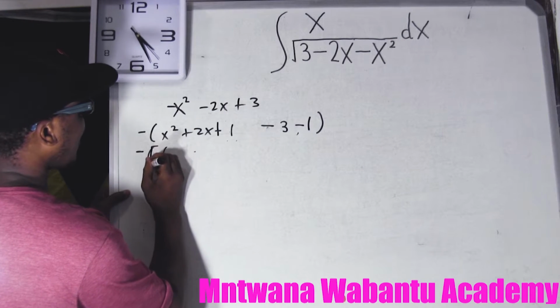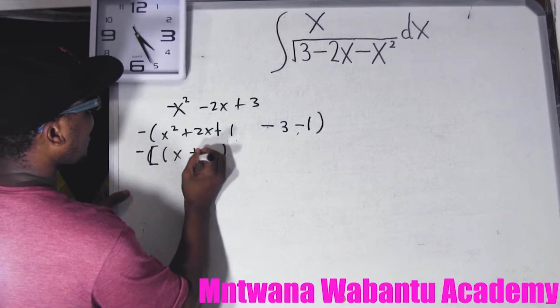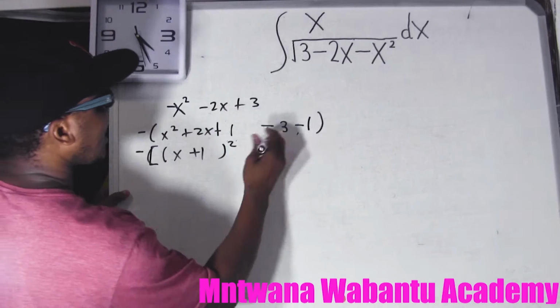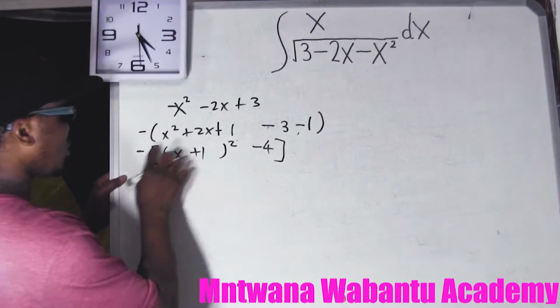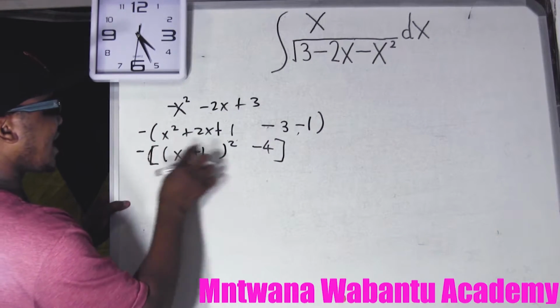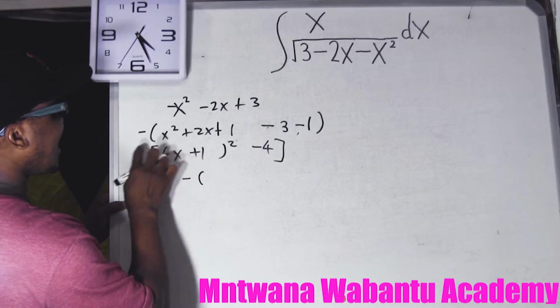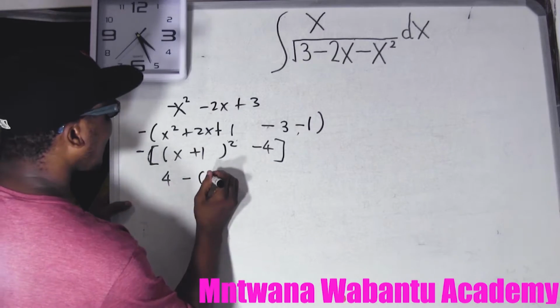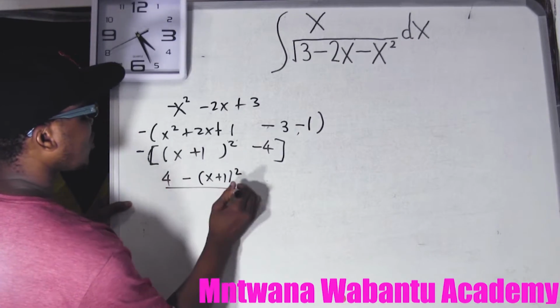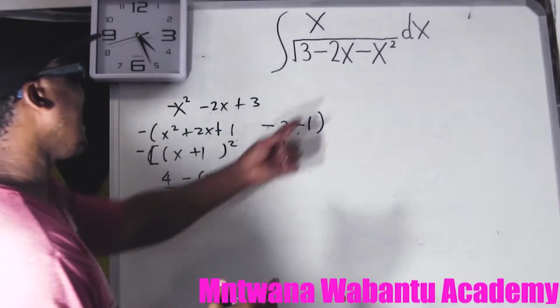So we know here, let me do this. This becomes x plus 1 squared. All this expression here, this negative 4, we can put it in; this becomes negative and this becomes positive. So I'll write this out to the positive: 4 minus x plus 1 squared. So you have already completed the square on this expression.